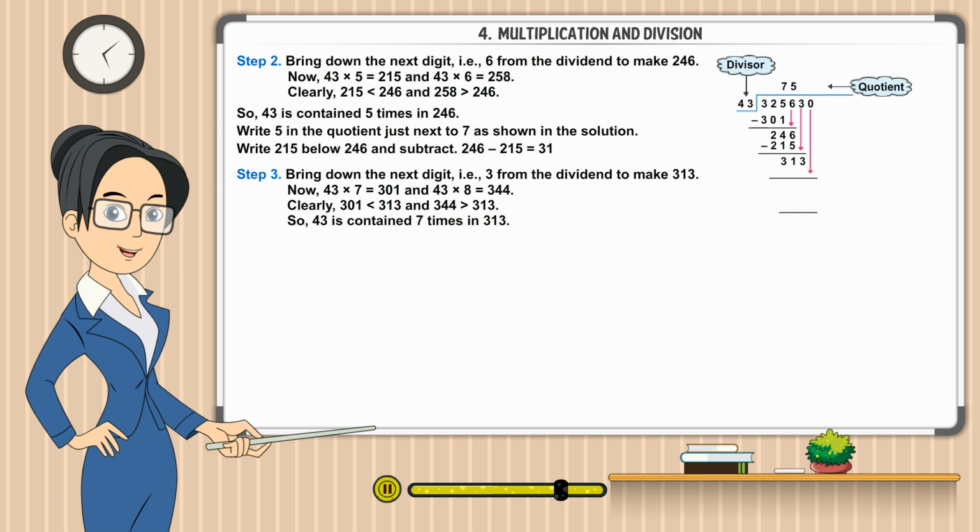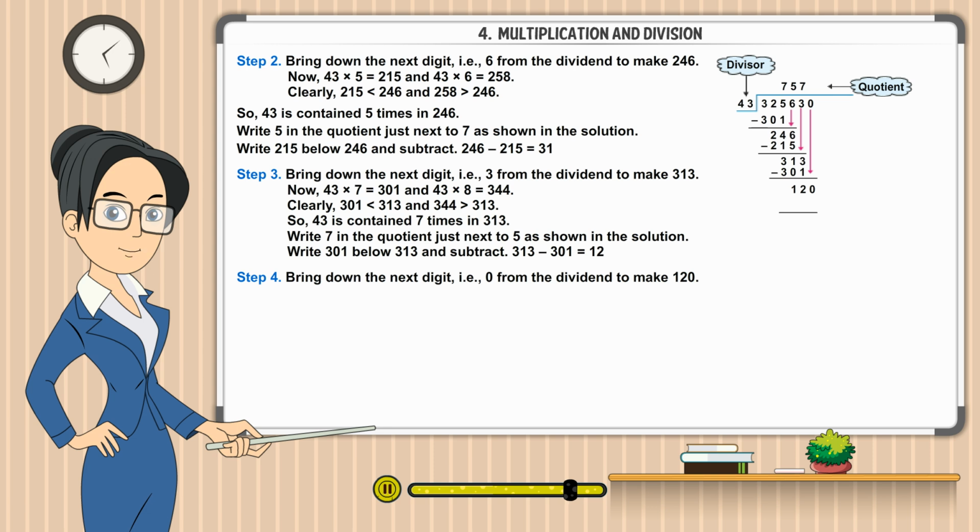So, 43 is contained 7 times in 313. Write 7 in the quotient just next to 5 as shown in the solution. Write 301 below 313 and subtract. 313 minus 301 is equal to 12.